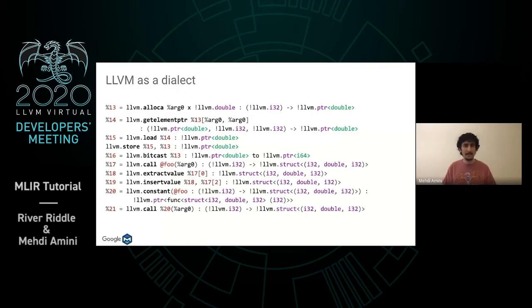For instance, it's missing inline assemblies or block addresses, those kinds of things. But it defines enough of LLVM to support the common needs of DSL-oriented codegen. I will show you an example of this later. There are also some minor deviations from LLVM IR. For example, because of MLIR structure, constants aren't special and are instead modeled as regular operations.